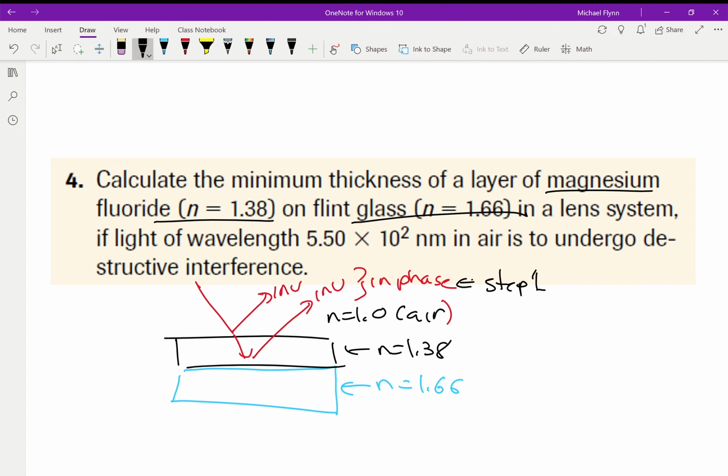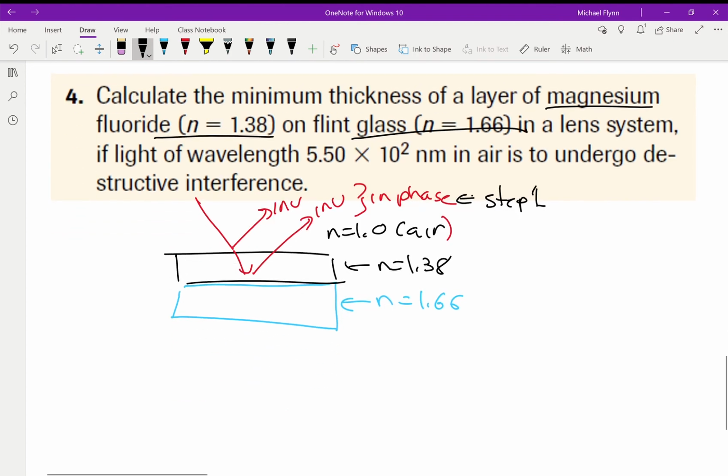Now it says we want destructive interference. Because they're in phase, we have to make them out of phase. So it says the minimum thickness. So what we want is to undergo destructive interference. That's right. Okay, so step 2. We need the wavelength in the medium equals the wavelength in a vacuum divided by 1.38.